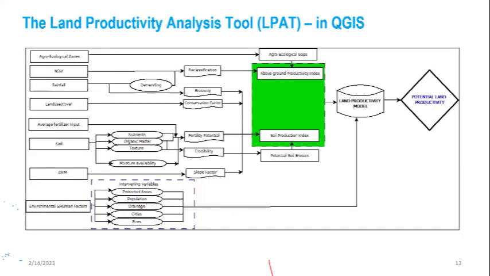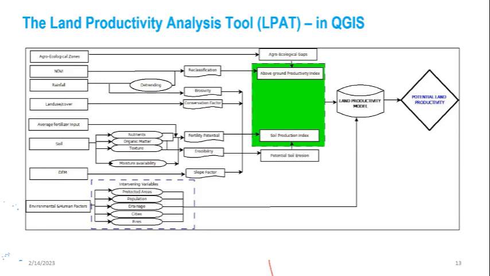So this is the model that we developed in this project. Yesterday, Professor introduced you to this. Of course, we have a number of data sets ranging from agroecological zones. We generated NDVI data, rainfall. We also took up land cover or land use data for these countries.